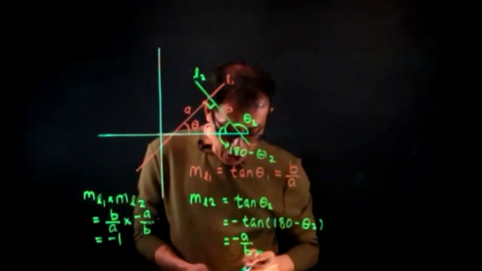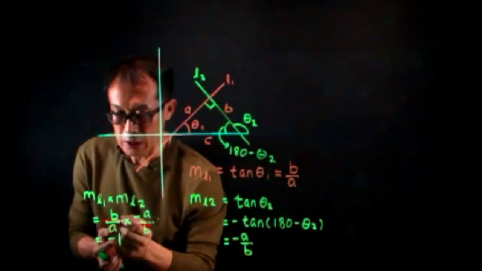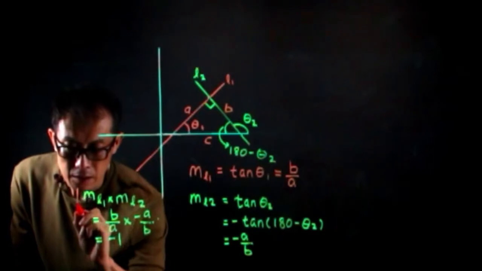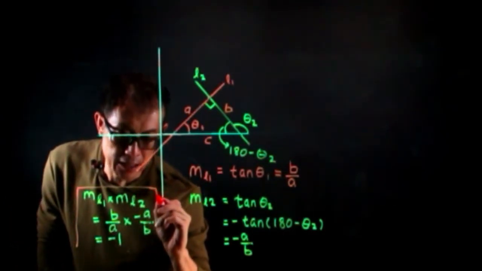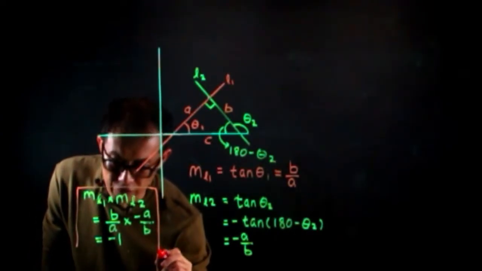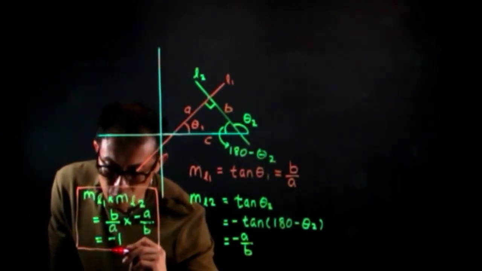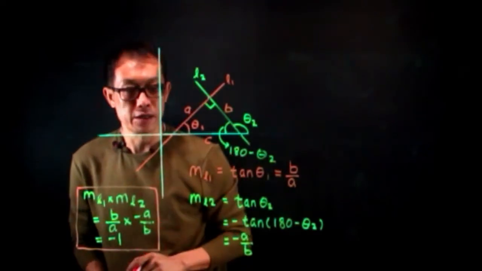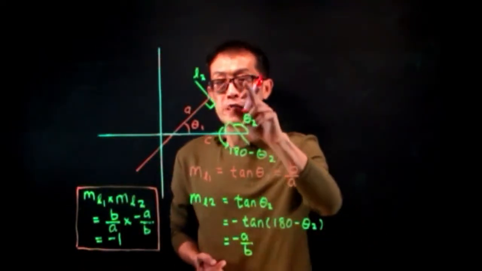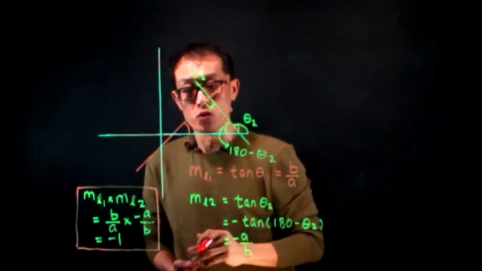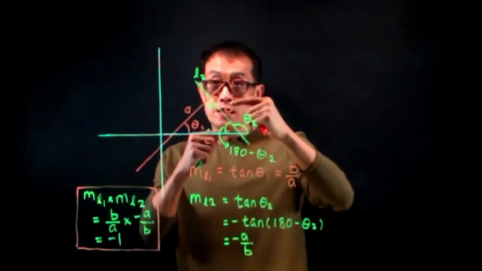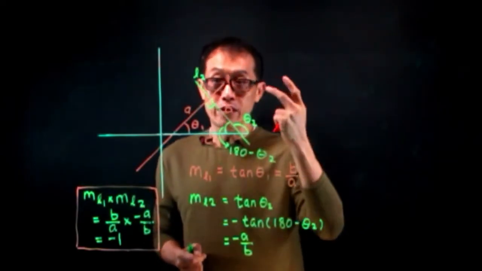Now this relationship is very important. It's something that you will always make use of. They like to test you on this property. That means if you know the gradient of one of the lines, the gradient of the other line that is perpendicular to it is just the negative reciprocal of it.